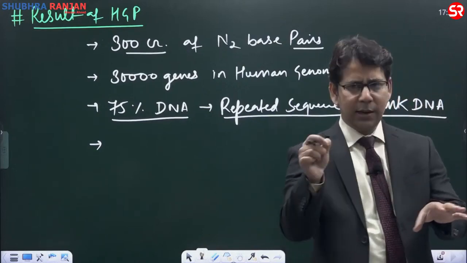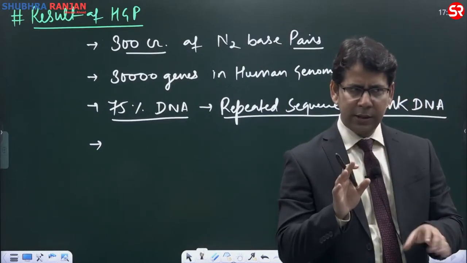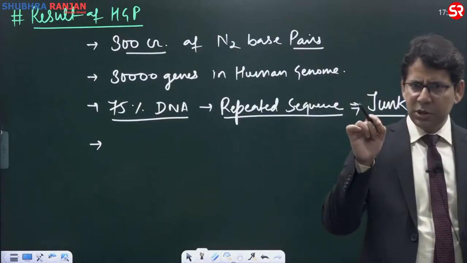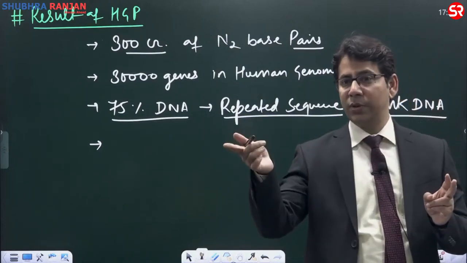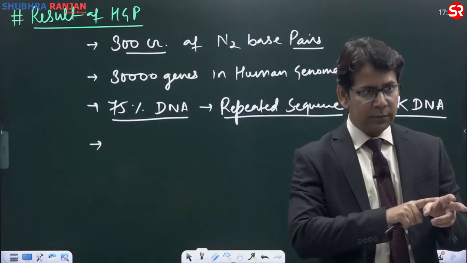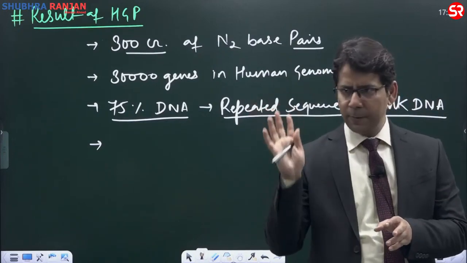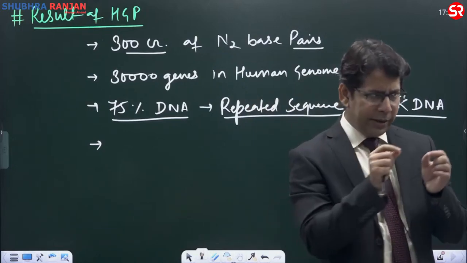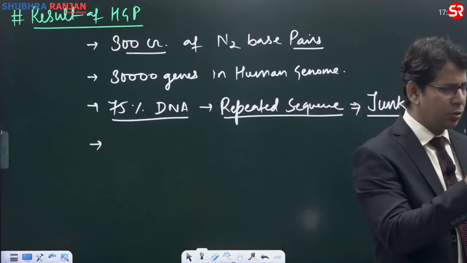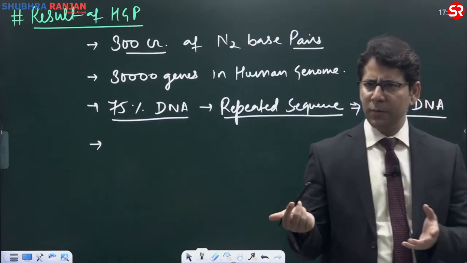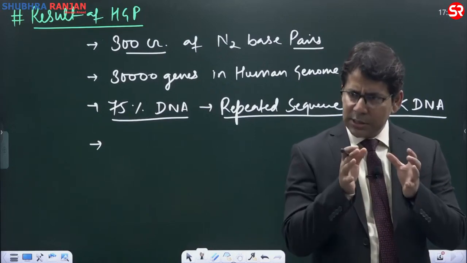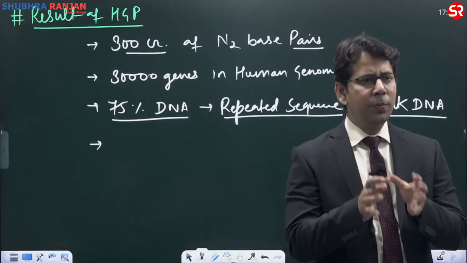If I take a cell from here, genes are 30,000, active 2%. If I take a cell from the retina, genes are 30,000, but active 2%. The 2% here is something different from the 2% there. And that is how each and every cell of our body has a different structure and different function. Think: if everyone had the same active genes, would all cells be the same? So 30,000 genes are there, but only 2% genes are active.